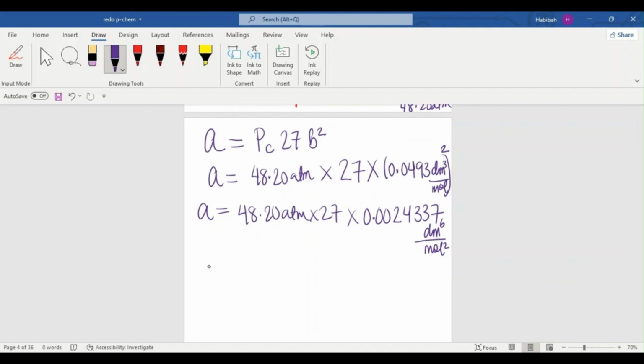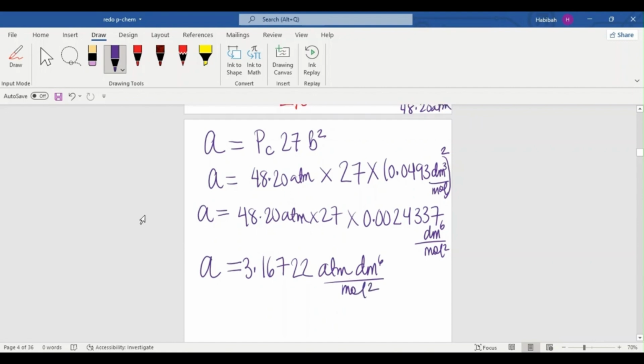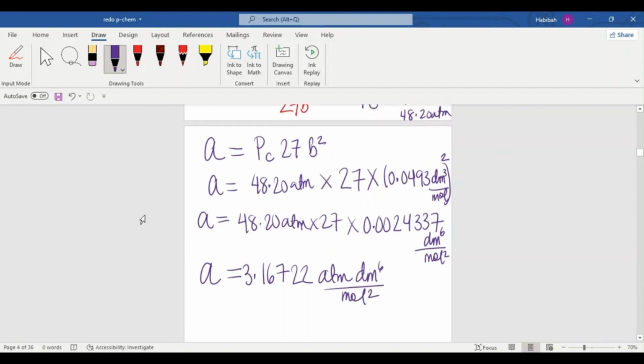You end up with A equals 3.16722 atmosphere decimeter raised to the power of 6 per mole squared. Now I wanted to quickly mention this. Let's not forget, we're going to pick the lowest number of sig figs because that's how you work in chemistry. So our answer has to be in three sig figs.